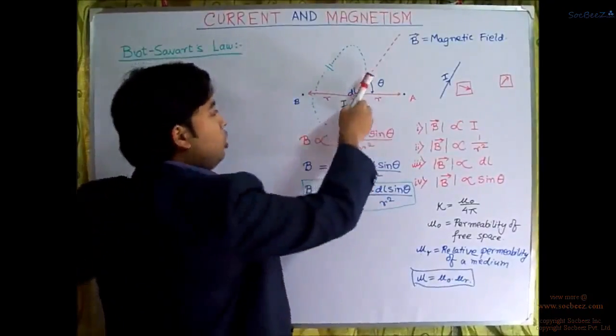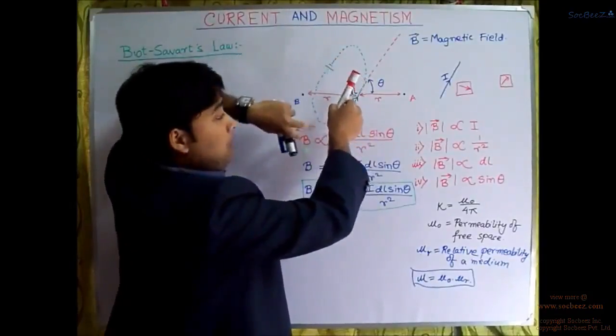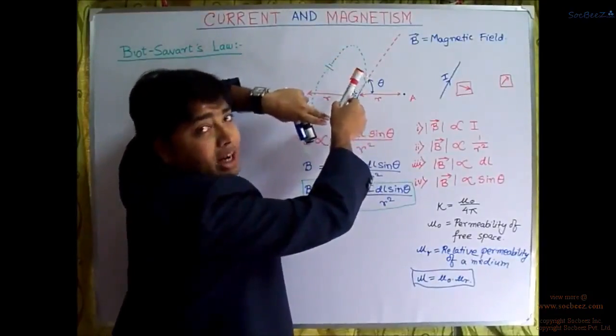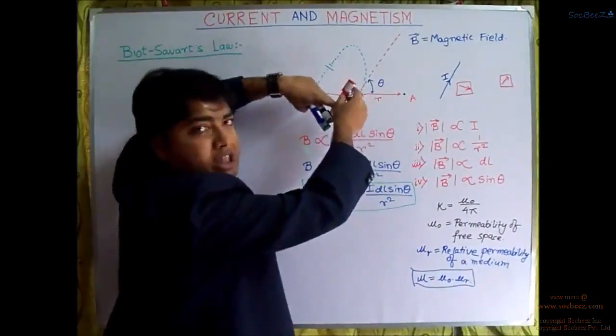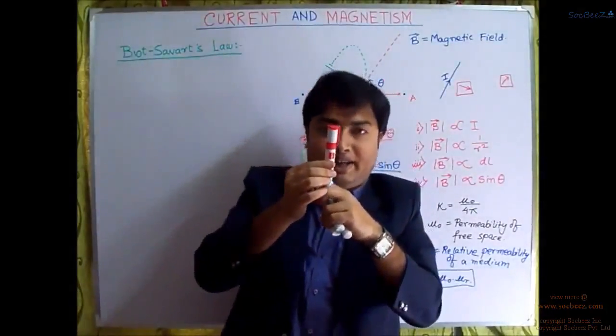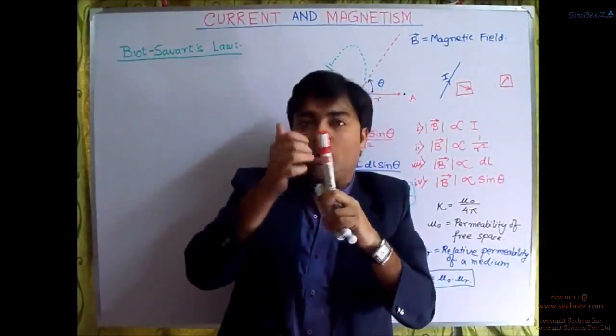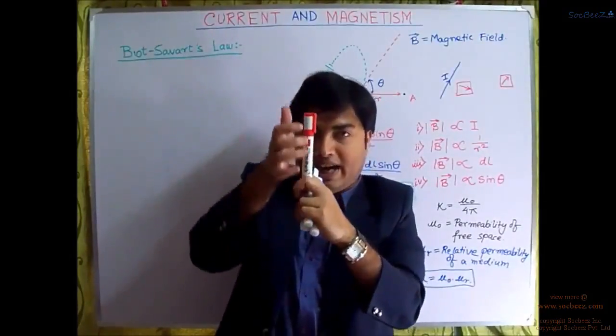Now, take it in your hand. Over here, just look, the arrow of the current was over here, which means that the direction of the current was from the bottom of this pen towards the cap of this pen, right? Now hold it in your right hand such that the thumb of your right hand indicates the direction of the flow of the current.